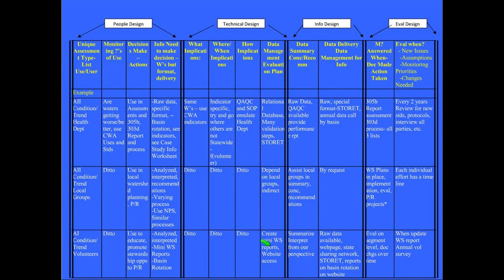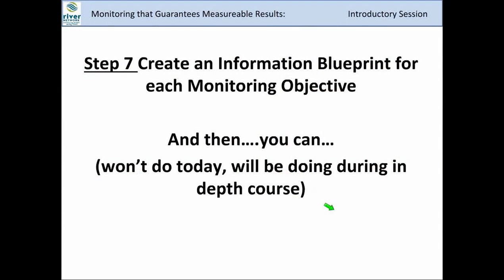And we make these little mini special watershed reports for volunteers that are just designed for that audience. And you can go over here on the raw data and see how that affects our information delivery. So I'm not saying you could use this mapping out visual. You have a blank worksheet in the workbook to do that, but that's just to show you how it's connected.